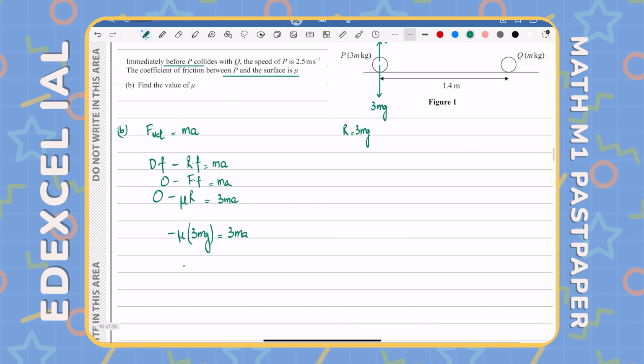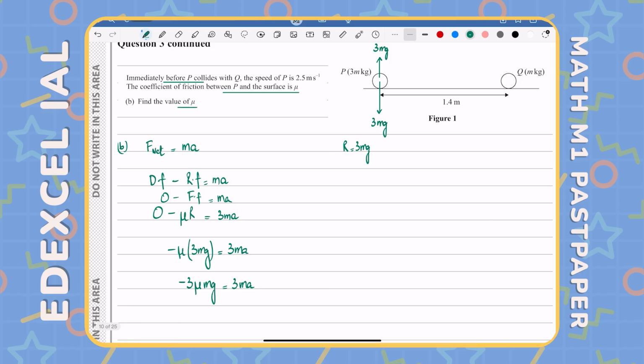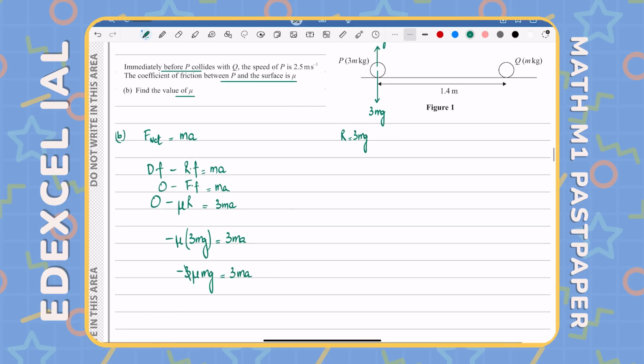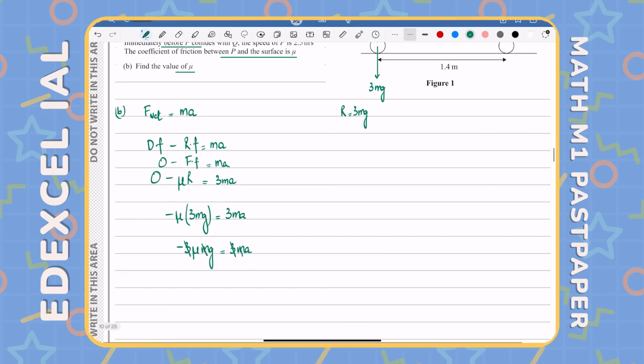Now minus 3 mu mg is equal to 3ma. And keep your eyes on the prize, we're supposed to calculate the value of mu. So 3 and 3 cancel, m and m cancel.